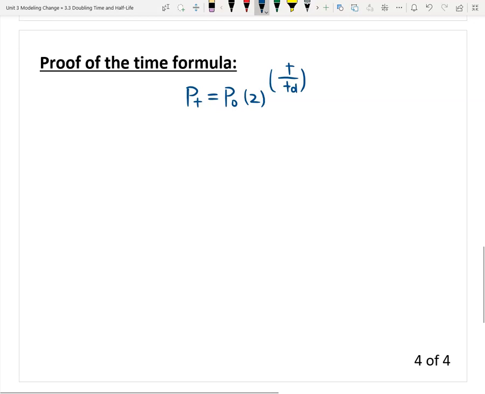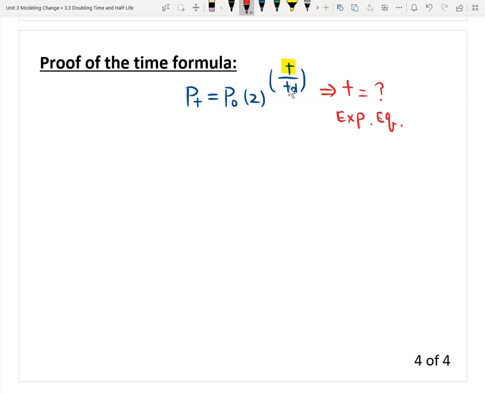Can you see which parameter we need? Time. So from here we have to solve this equation to find the time. We solved this type of equation before, and we call it an exponential equation.